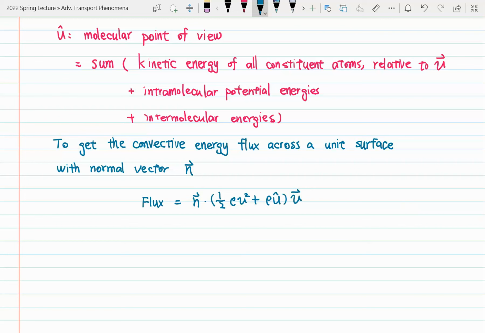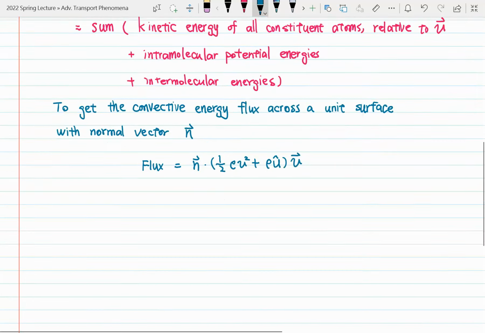Okay, so by now we've introduced the energy transport through molecular mechanism, which is thermal conduction, and then we looked at the convective energy transport. There's also another way that energy can be transported, which is by doing work. So let's take a look at that.